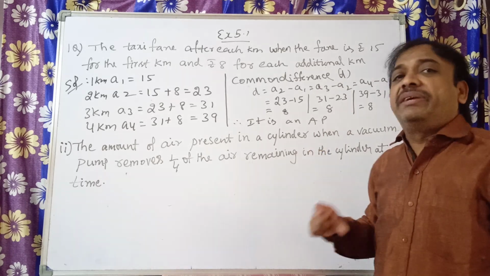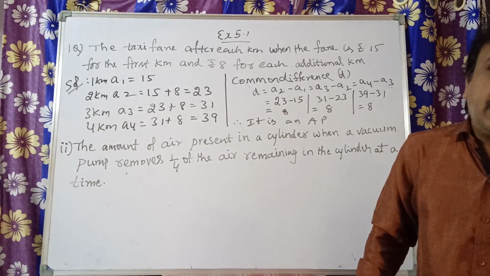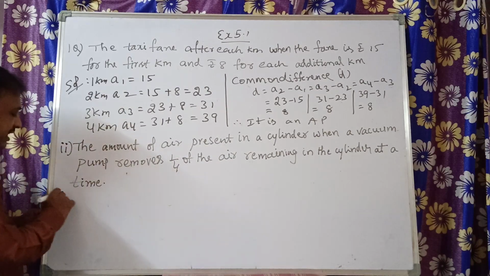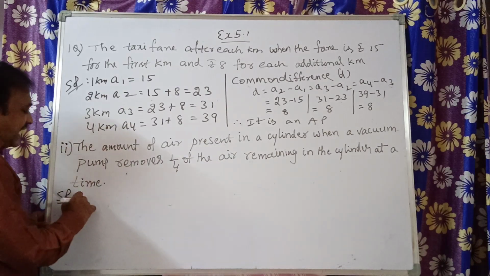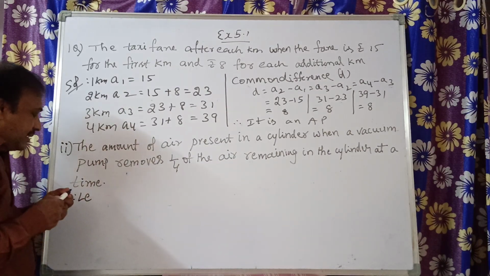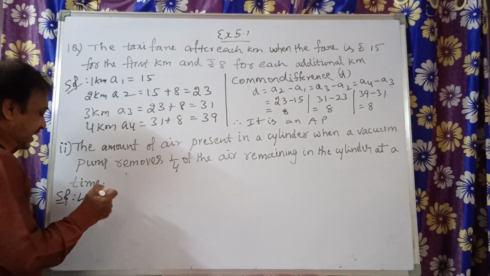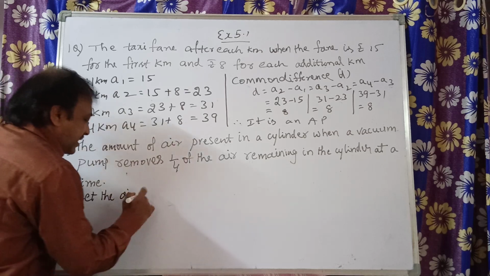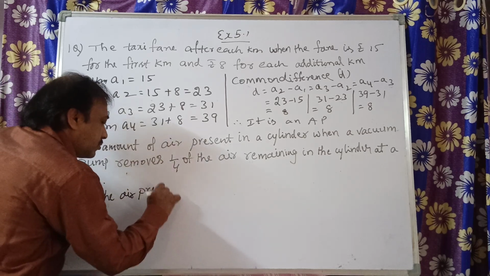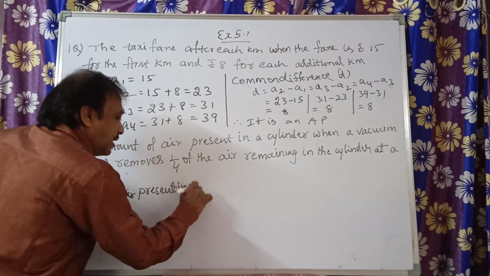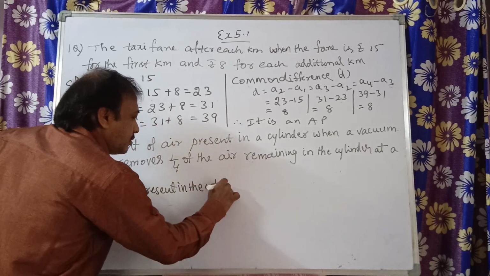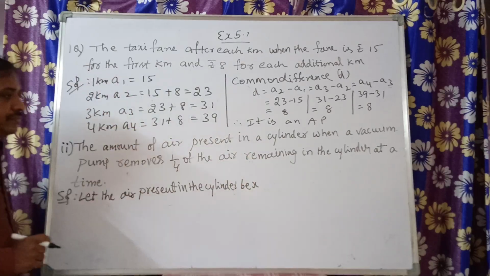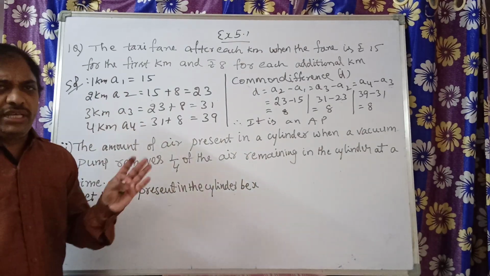Suppose it started, then 1/4, then again 1/4, then again 1/4. Whether those terms will be an AP or not, we check. So here, observe it. Let the air present in the cylinder be X, a volume in cubic units.